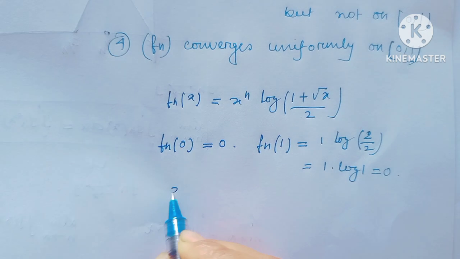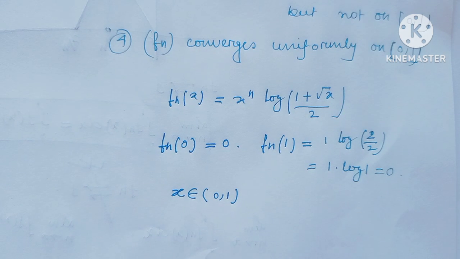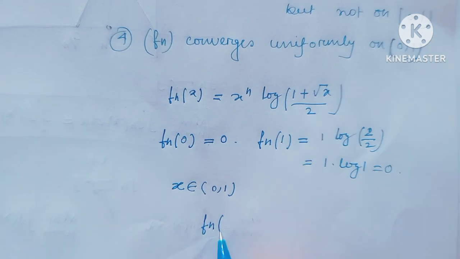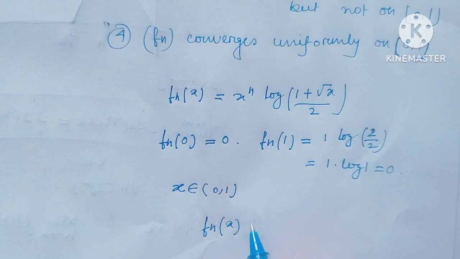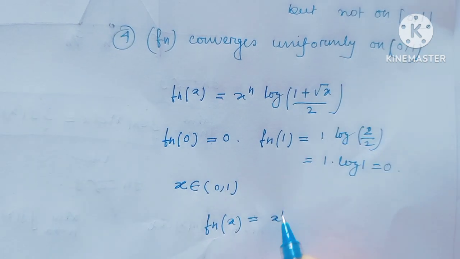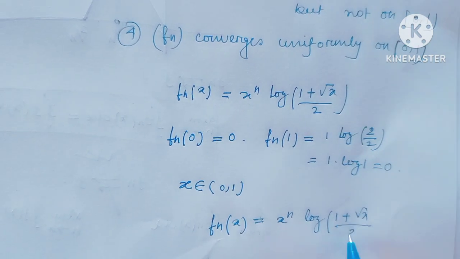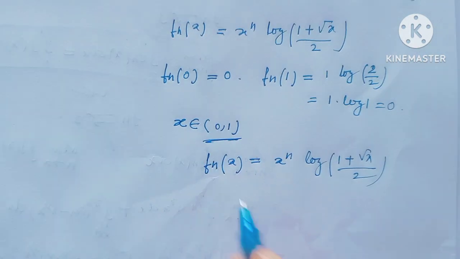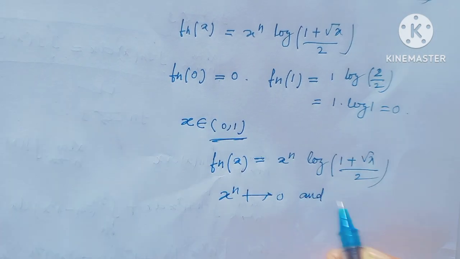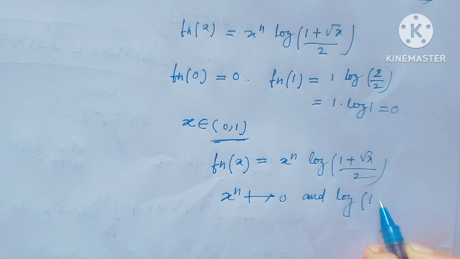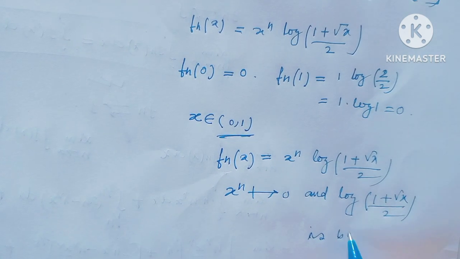And when x belongs to the open interval (0, 1), then fn(x) equals x to the power n log((1 + √x)/2). On the open interval (0, 1), x to the power n tends to 0, and log((1 + √x)/2) is bounded.